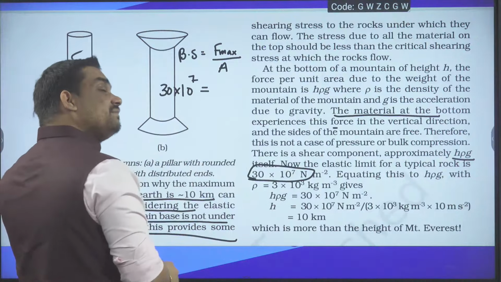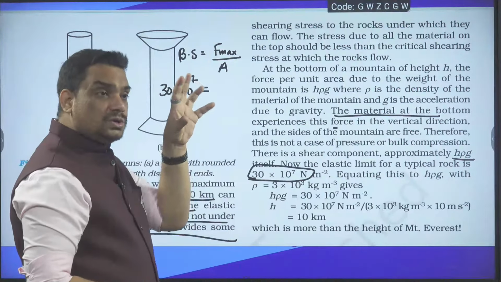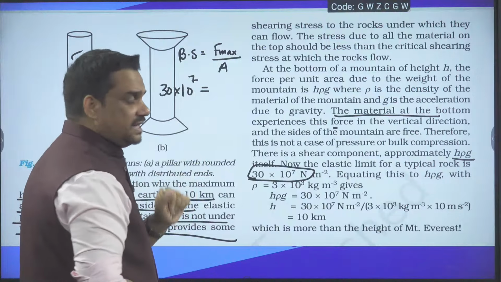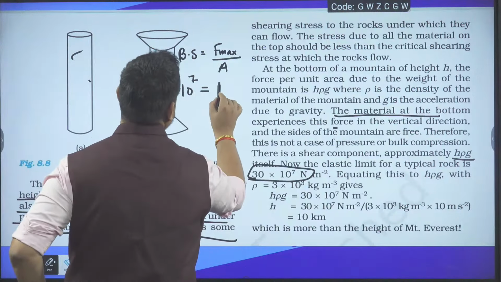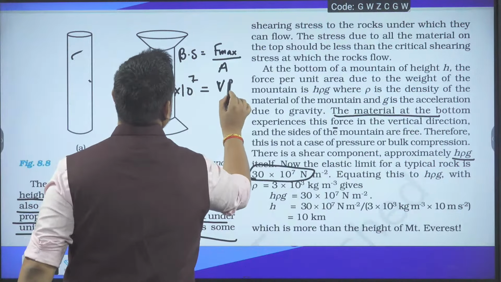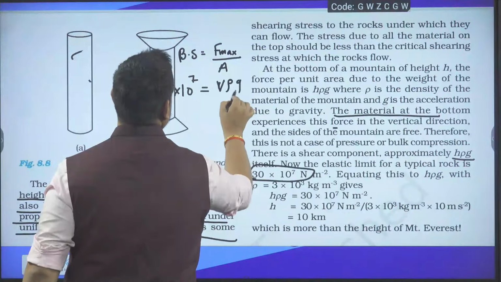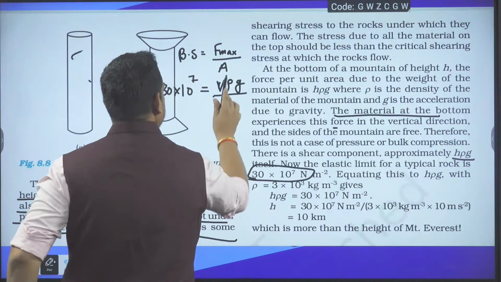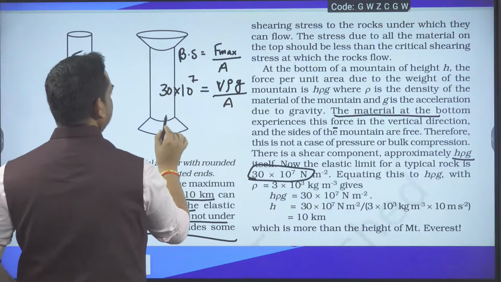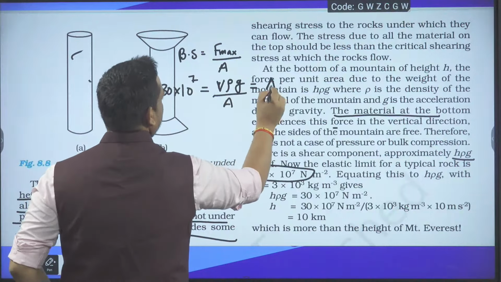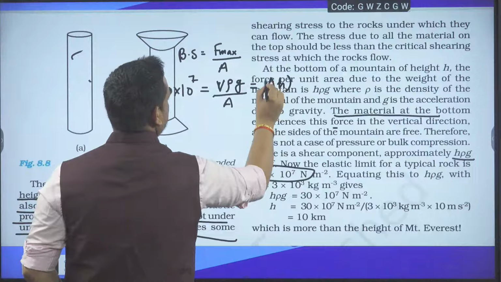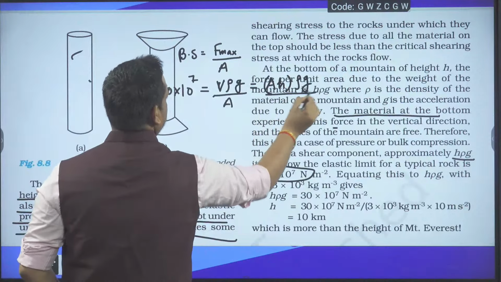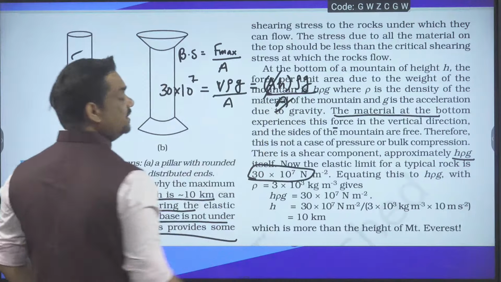F max will basically be mg by A. So mg, where mass is V into rho, into g divided by A. V I can write here as A into H, into rho g by A. A I can cancel here.